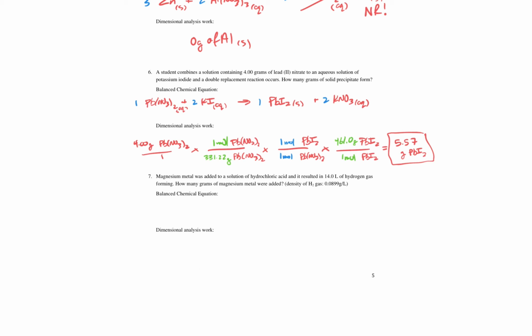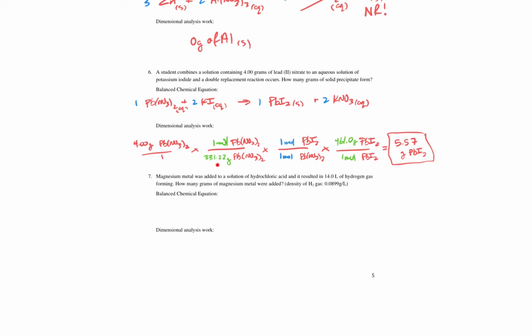In this next problem, we're asked to figure out how many grams of the solid precipitate would form when we have 4.00 grams of lead(II) nitrate combined with an aqueous solution of potassium iodide. Well, we'd have to look at our solubility table, and we'd find that the solid product is going to be lead(II) iodide. So 4 grams of lead(II) nitrate.